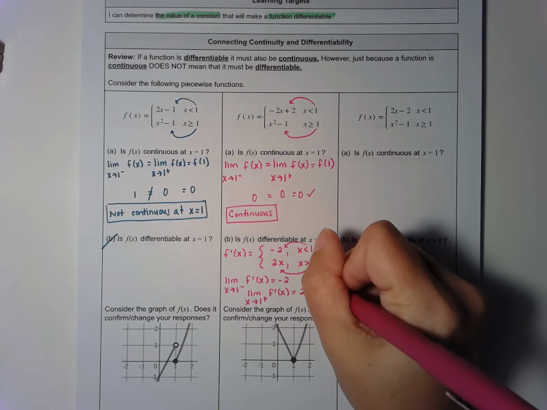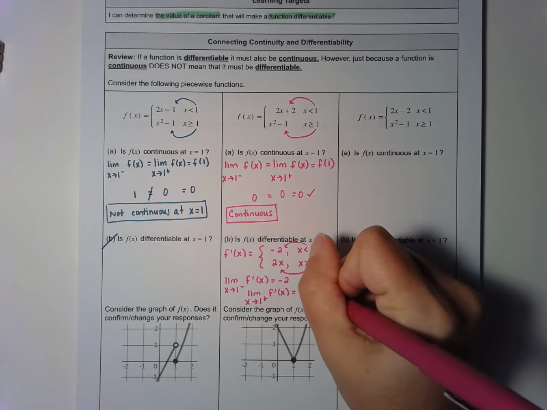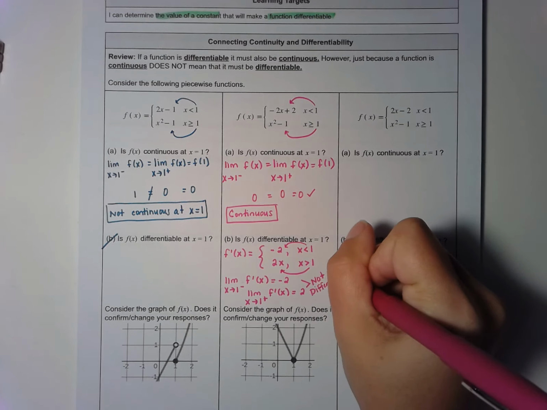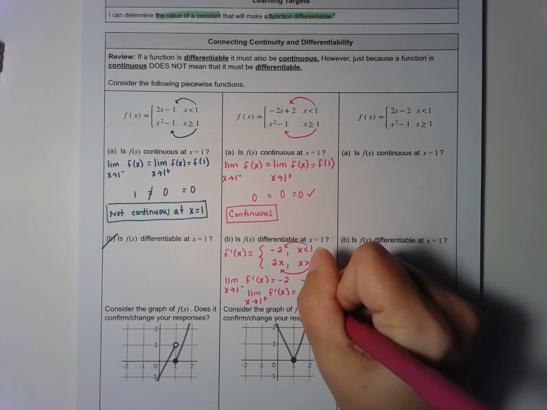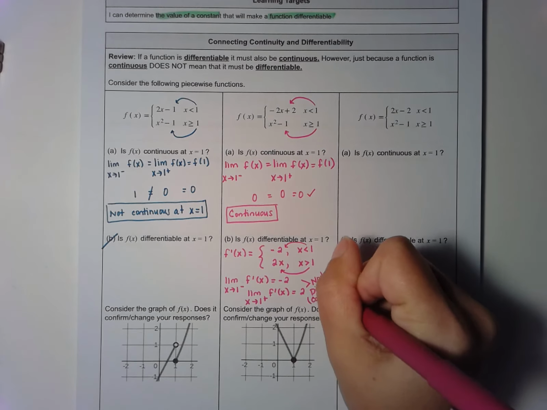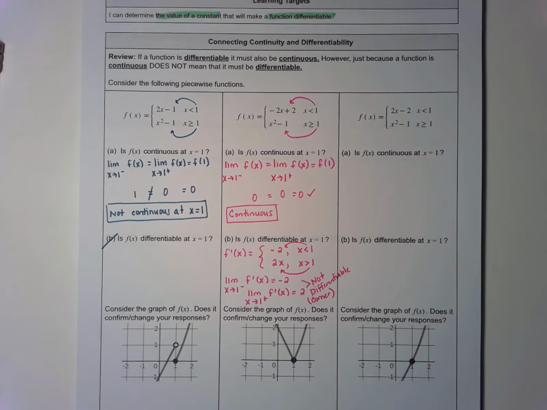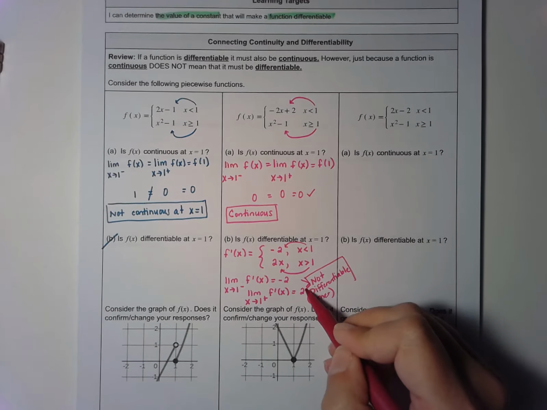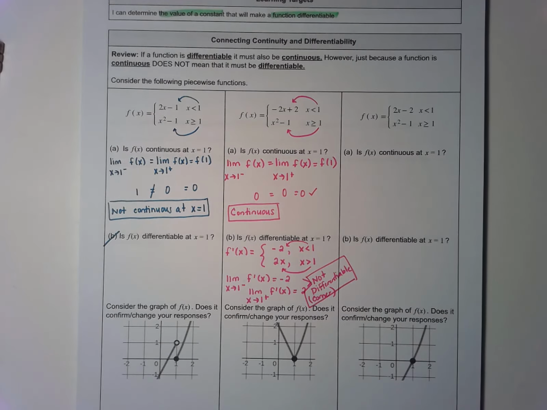So this is not differentiable. I would say that this is a corner, because there's a sharp change in the slope at that value. If we look at the graph, we can confirm that. This graph is continuous. It's connected, but there's a sharp change in the slope, so there's a corner in the graph, which means the derivative does not exist.